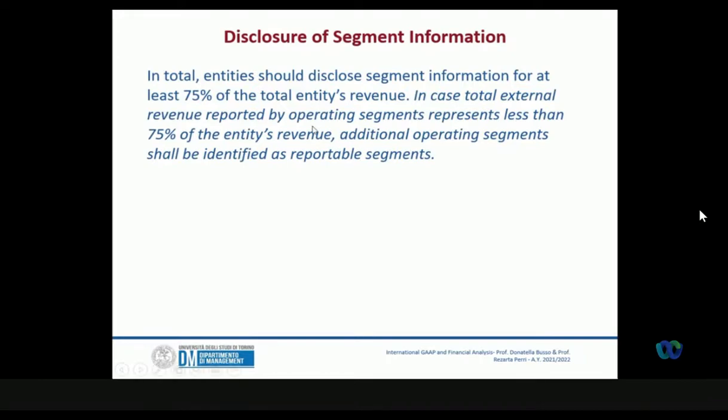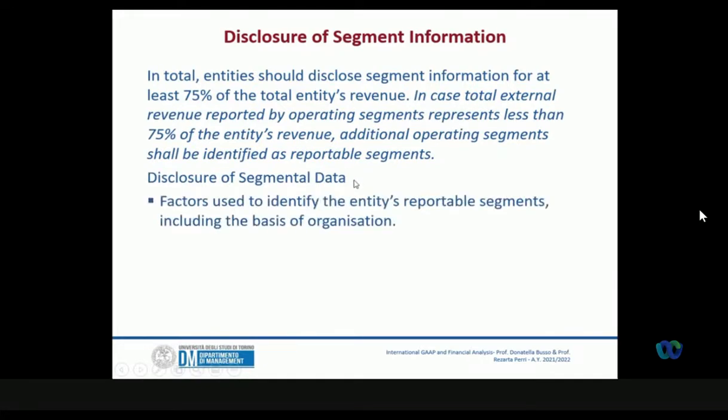What are the elements that we include in disclosure of segmental data? First of all, the factors that are used to identify the entity's reportable segments, including the basis of organization. So this is to be made known and made available to the outside users of financial statements.